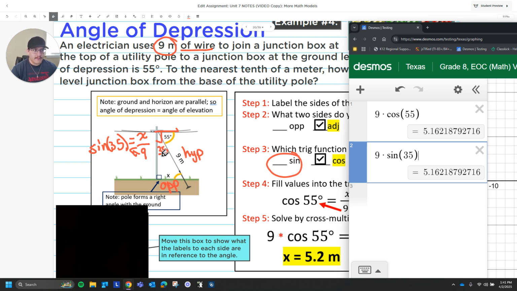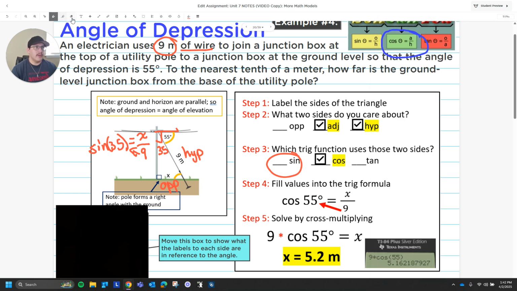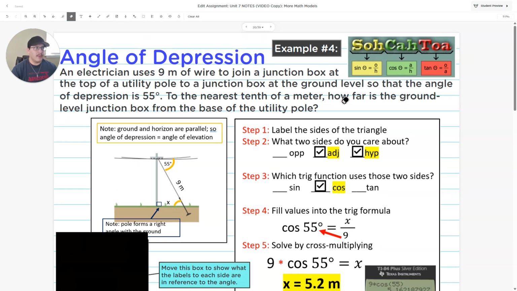Use 35 for sine, multiply the 9, create the ratio, etc. Kind of like this, except now it's sine of 35 degrees, and then multiply the 9 over there. And I got the same answer right there. So, either way is fine. Whichever one you feel is easiest to remember. But anyways, that's it for example number 4.